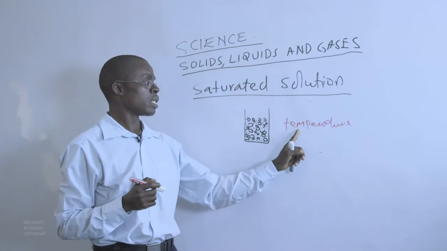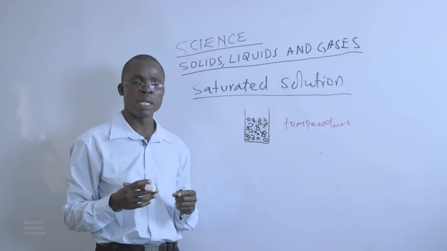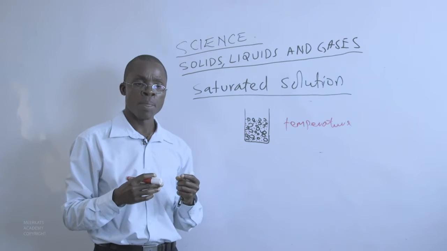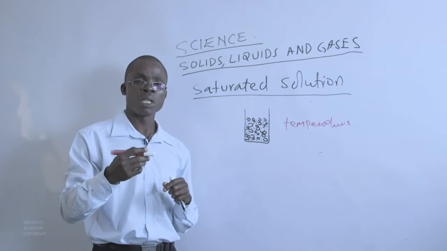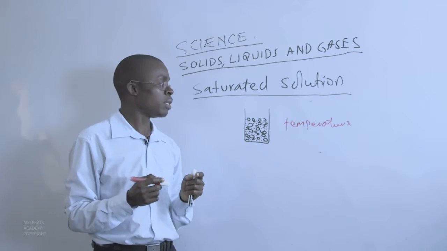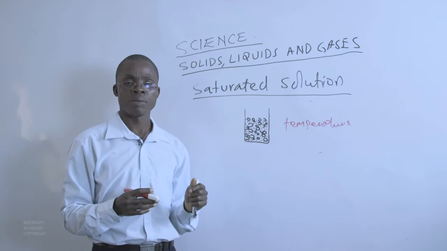When you increase the temperature, you are increasing the kinetic energy in the particles. And as you do so, they increase the rate at which they move. When they move so much, it means they will allow more solutes to enter.